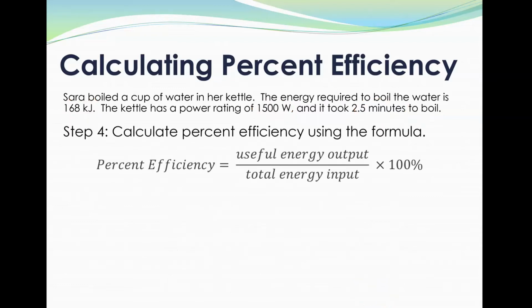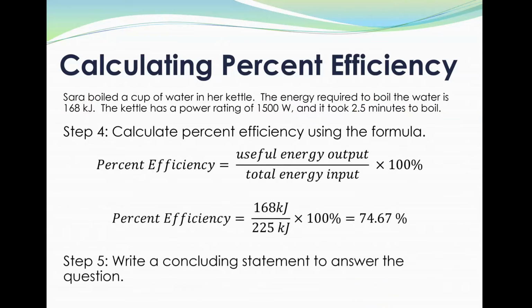And calculate the percent efficiency using that formula that was given. So useful energy output, 168 kilojoules, divided by the total energy input, which is 225 kilojoules, and multiply that by 100%, it's 74.67%.